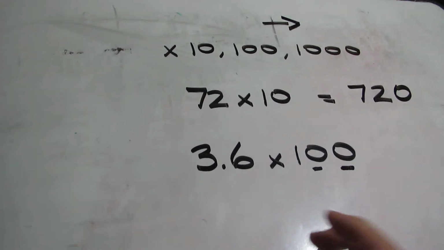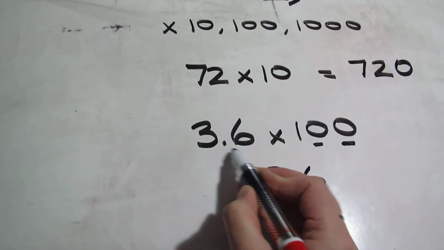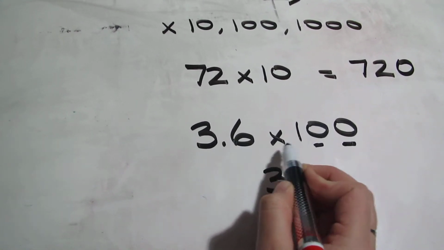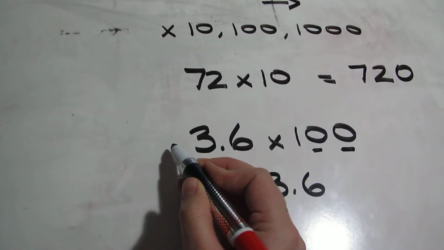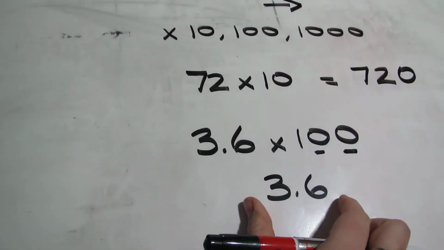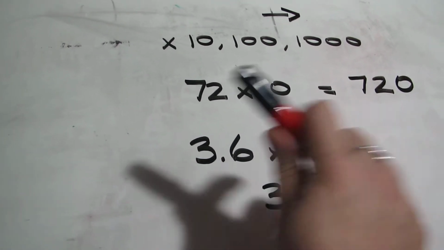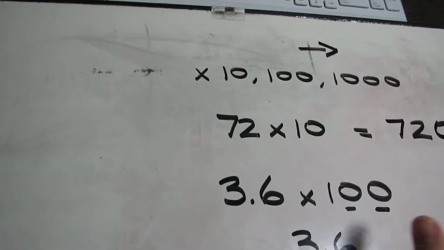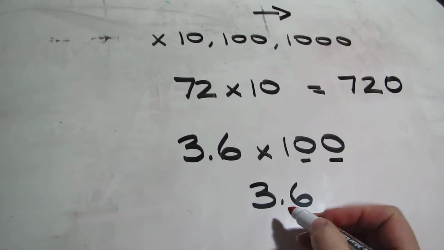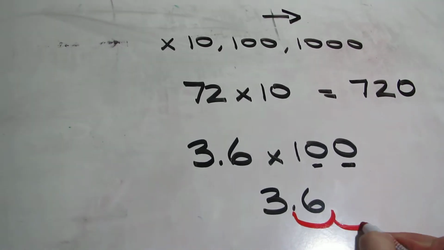So remember, we want to rewrite the number that we're going to work with, because if we start doing our work in the question, we're going to run into the multiplication sign, or we're going to get all messy over here. So I want to be able to do my work in a nice clear space. So in this case, I'm moving my decimal. I'm going to move my decimal 2 places to the right, so the number gets bigger. 1, 2.